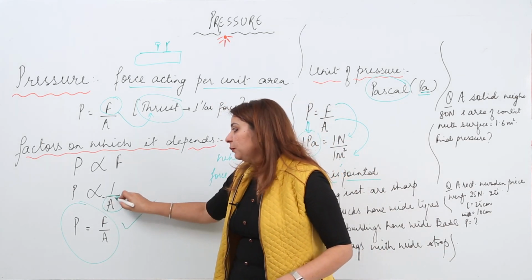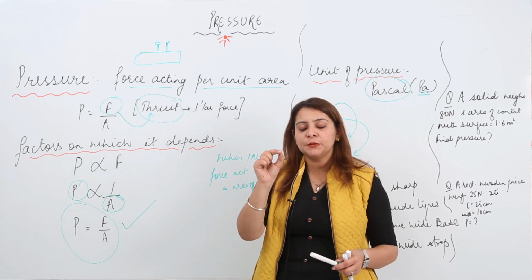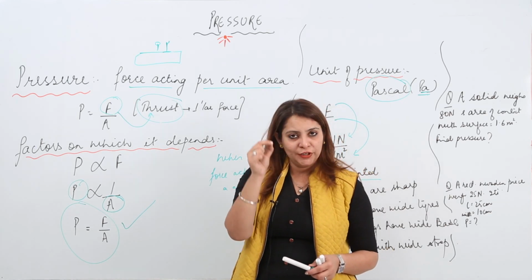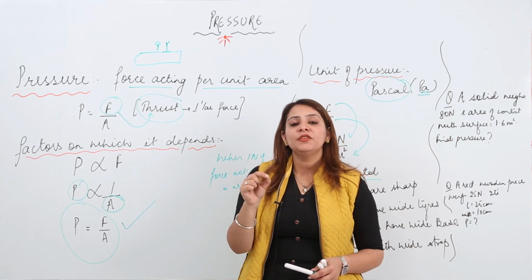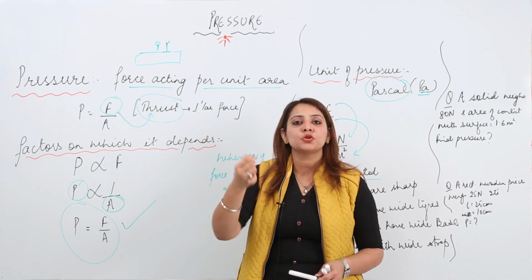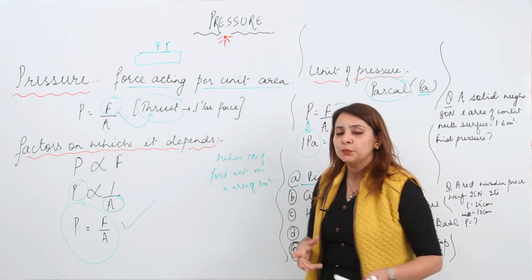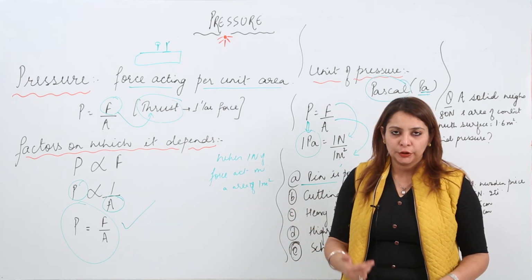Less area means more pressure. That is why the pin is pointed: it has a very small area, and so it exerts more pressure, due to which it is able to pass through a cloth. So that is why a pin is pointed. Maybe a cloth if I am talking about a needle, and maybe any part if I am talking about a pin.